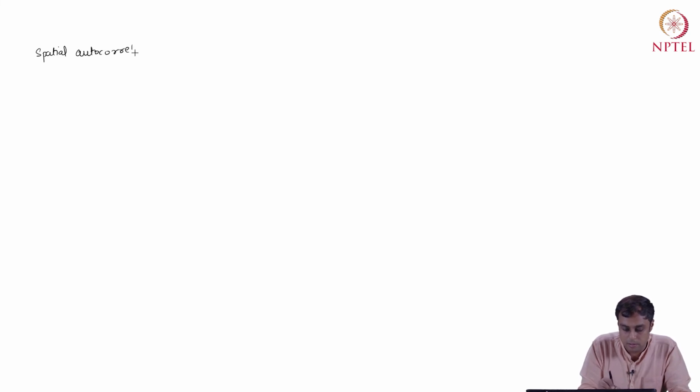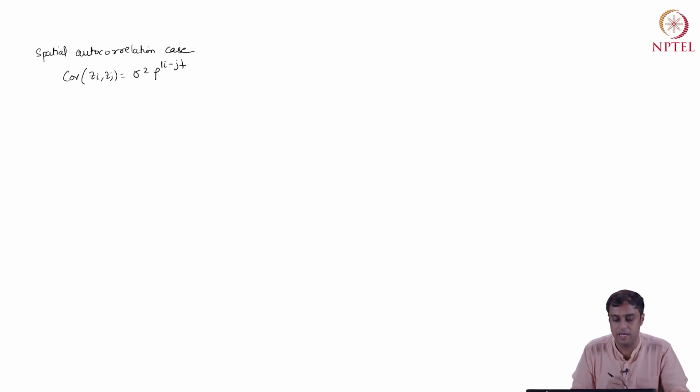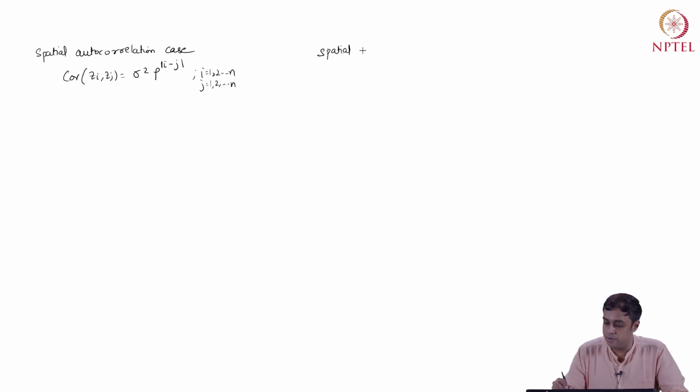So we have a spatial autocorrelation scenario or case where covariance of Zi and Zj is given by sigma squared rho to the power modulus i minus j, and the other case is where we have spatial independence, with i equals 1 to n and j equals 1 to n, right?